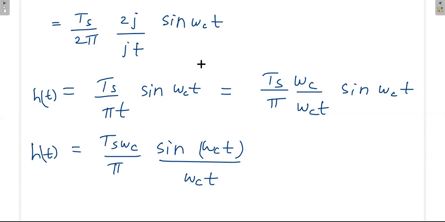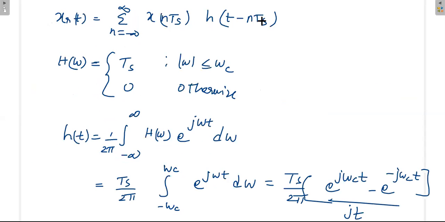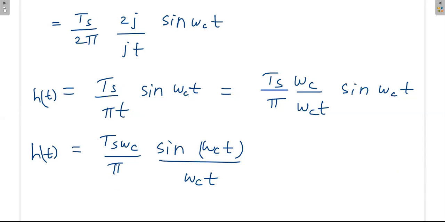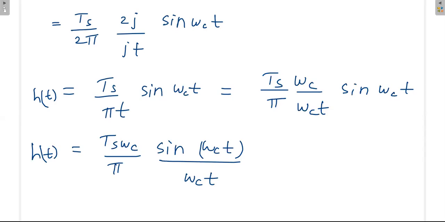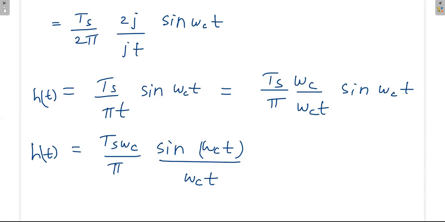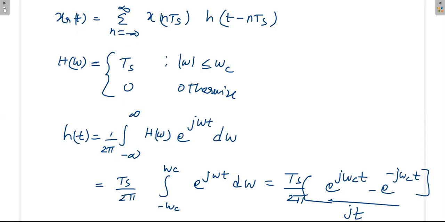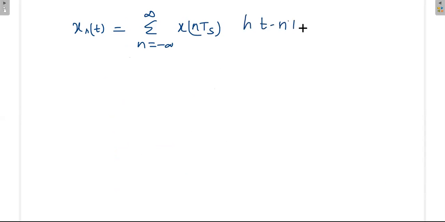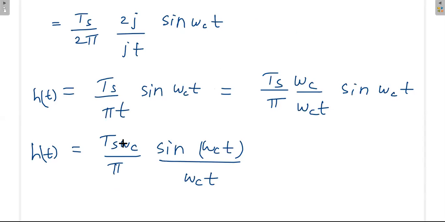Once we know h of t, we just have to apply it here. So what is finally xr of t? xr of t is equal to the summation from n equals minus infinity to plus infinity of x(nTs) h(t minus nTs). Now we know h of t, that is Ts omega c divided by pi.